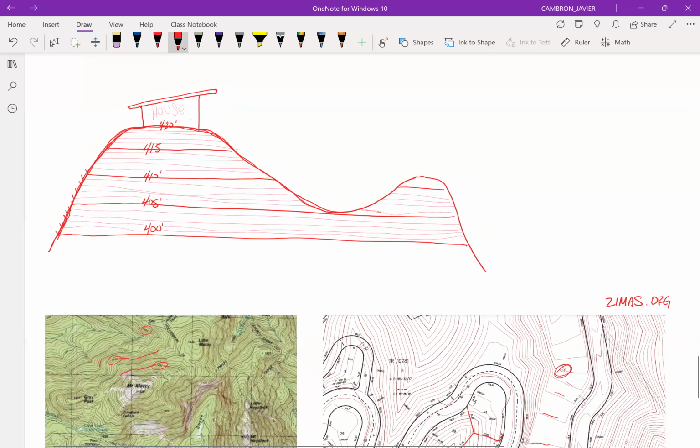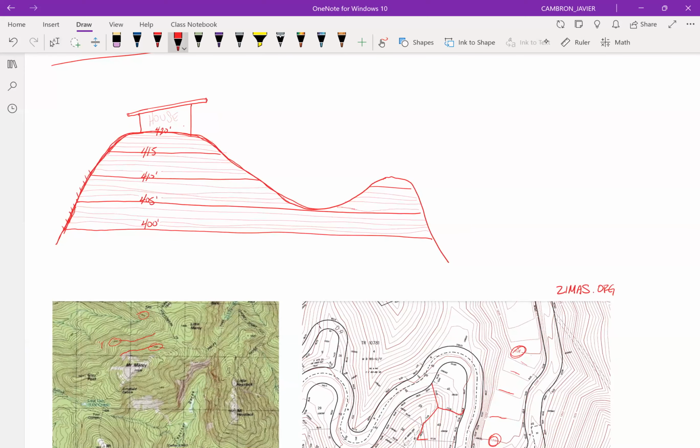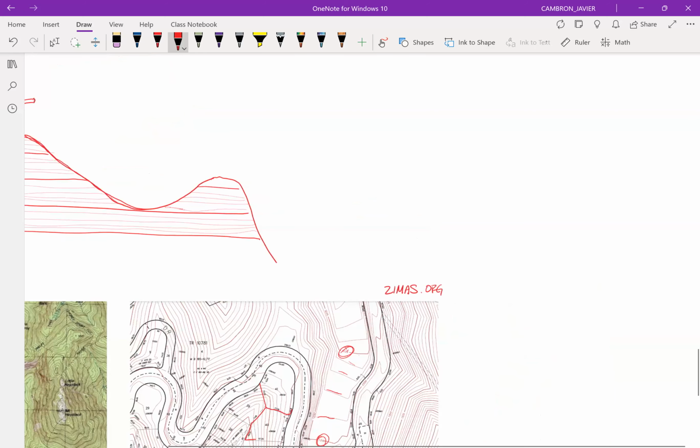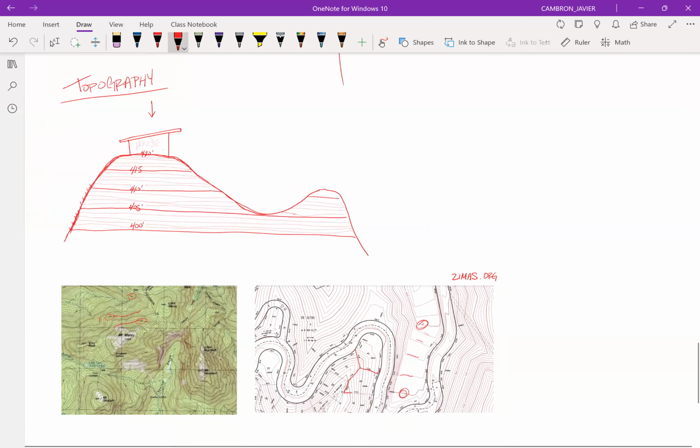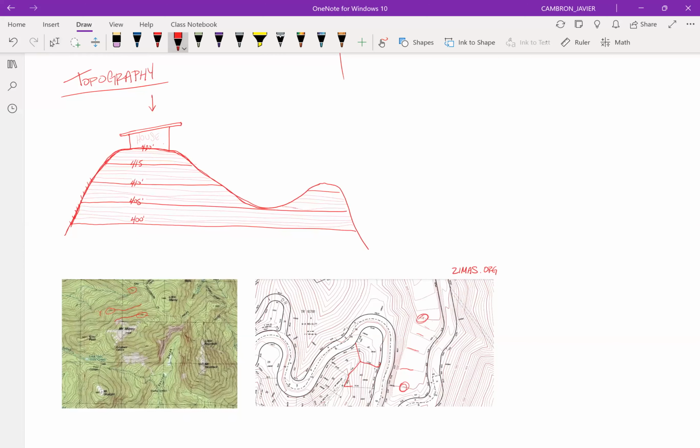So what we then would do is look at this. Oh, that's a bad arrow. From the top down. Okay, now from the top down, I might see, let's start with the 400-foot.